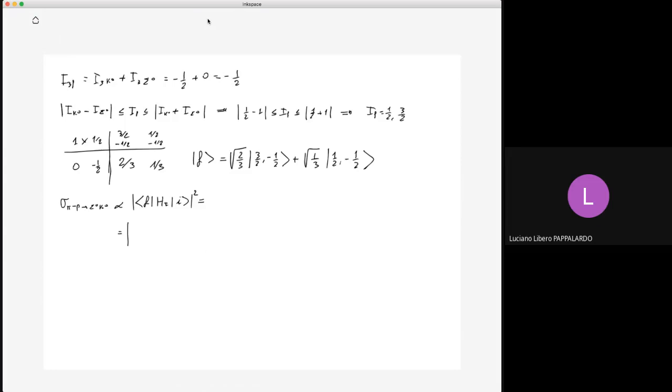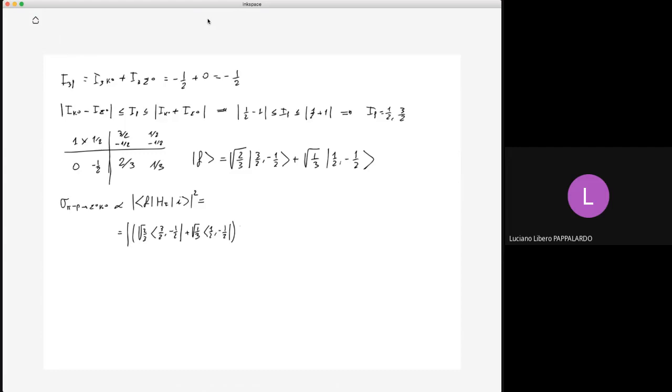So this is square root of 2/3, |3/2, minus 1/2>, plus square root of 1/3, |1/2, minus 1/2> for the final state.